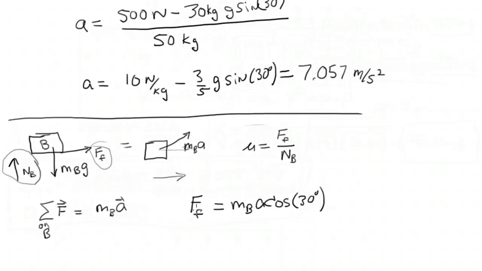So there's one equation. We can calculate the force of friction, and then to write down the other part of it, we've got the normal force like this. We're looking at the sine.